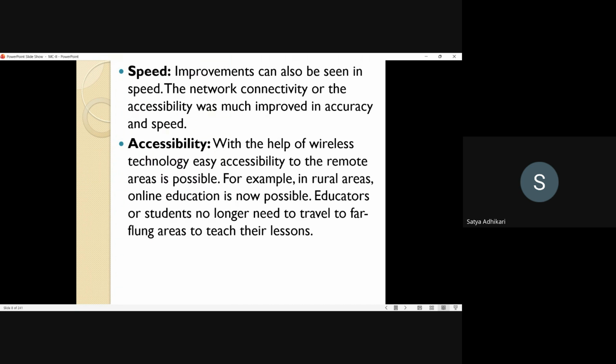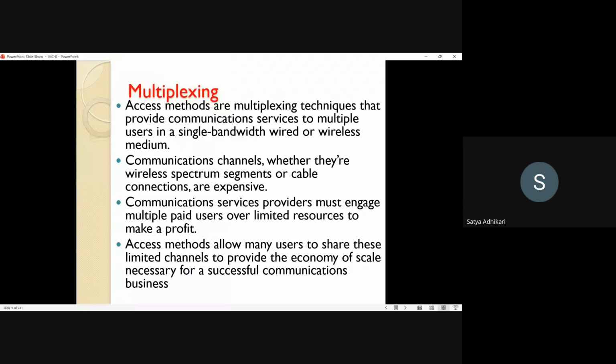Due to mobile communication, people in this type of area can do any type of communication, although there is no wired network, or it is very difficult to construct a wired network at those places due to geographical infrastructure. So these are the advantages.